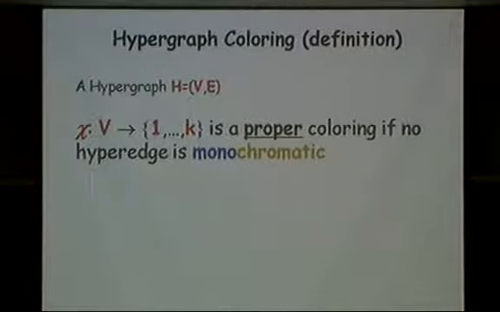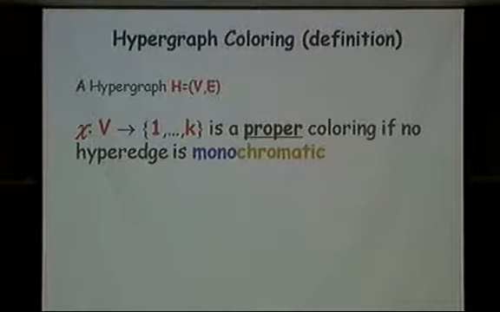This notion is not my notion, it's the classical notion of a proper coloring of a hypergraph. A proper coloring is just a function from the vertices to some numbers, say, or any finite set, which we call the colors. So here we denote them by 1 to k. It's a k-coloring. And we say that this coloring is proper if no hyperedge is monochromatic. A hyperedge is one of these subsets in E. So every element in E should not be monochromatic.